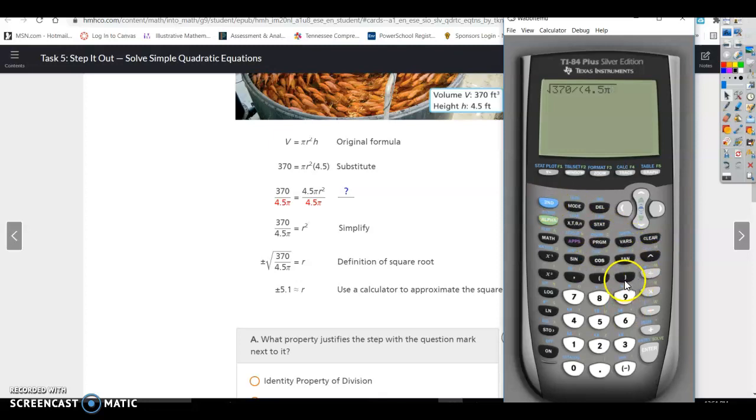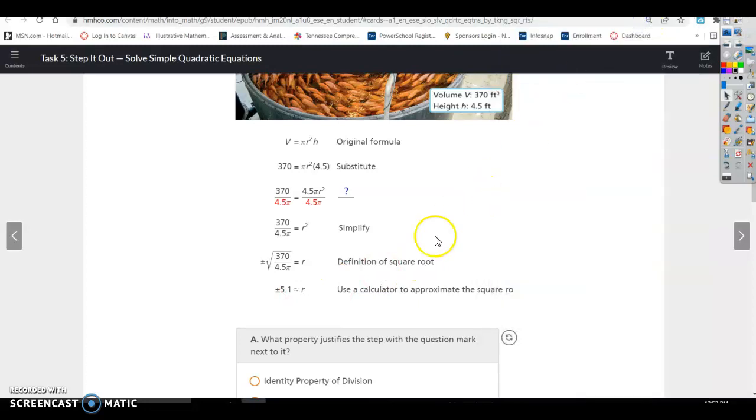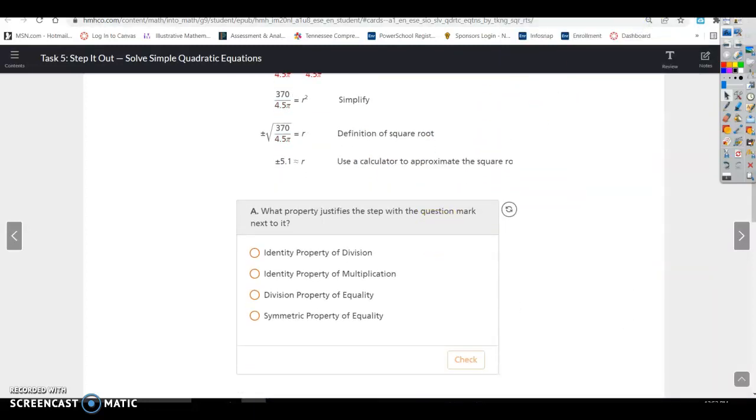So 4.5 times pi, all of that's under the square root, so I'm going to hit enter. And that shows us that that is approximately 5.1. So we're going to have plus or minus 5.1 equals r. All right, and so this is the exact solution. This is the approximate solution.